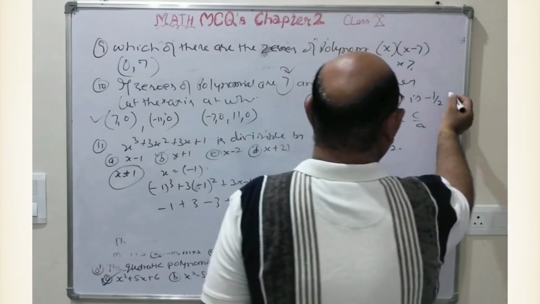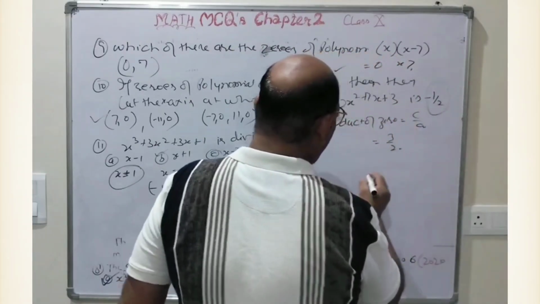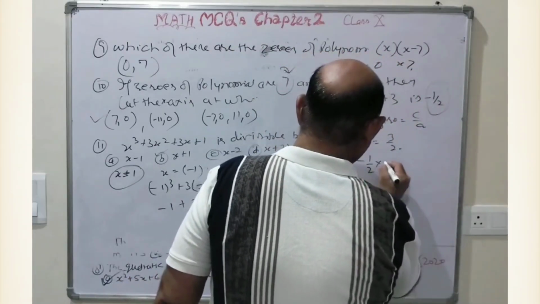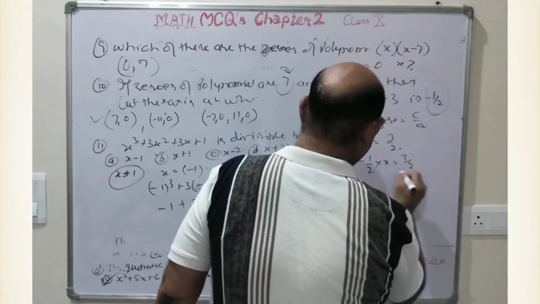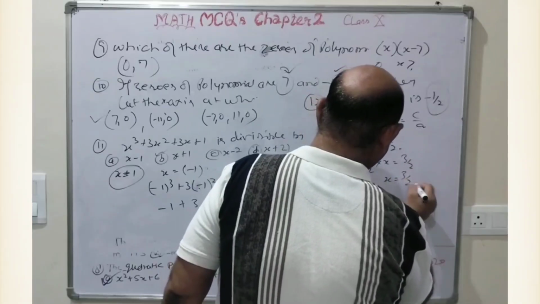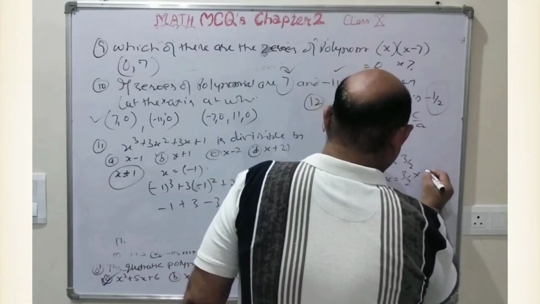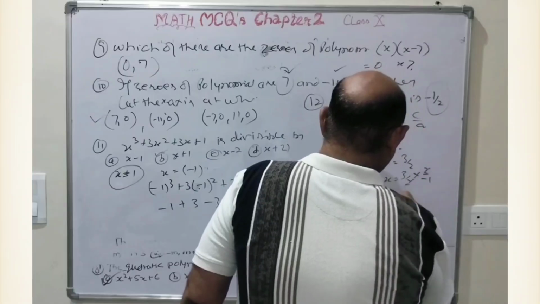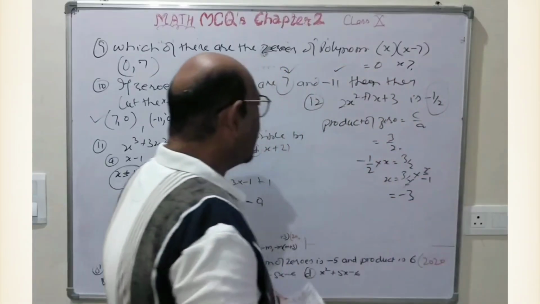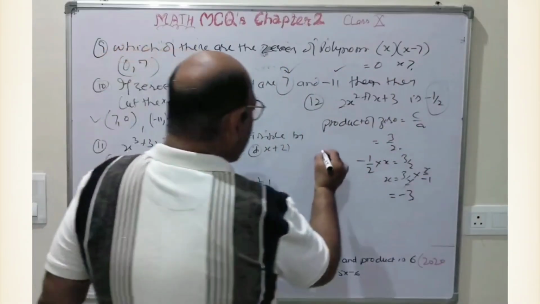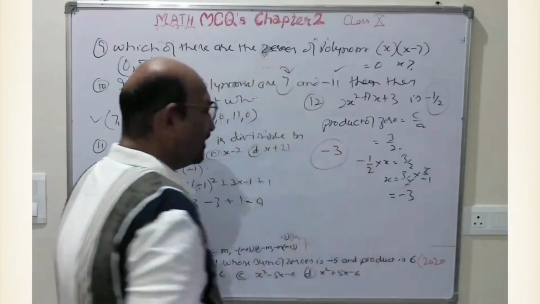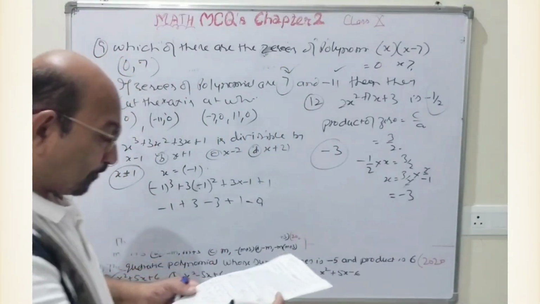And if one of the zeros is minus 1 upon 2, minus 1 upon 2 into x is equal to 3 upon 2. So x is equal to 3 upon 2 into 2 upon minus 1, that is minus 3. So other zero will be minus 3. That is the correct option.